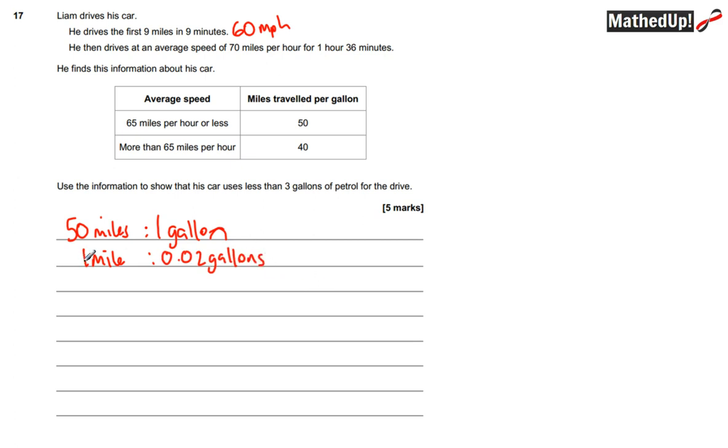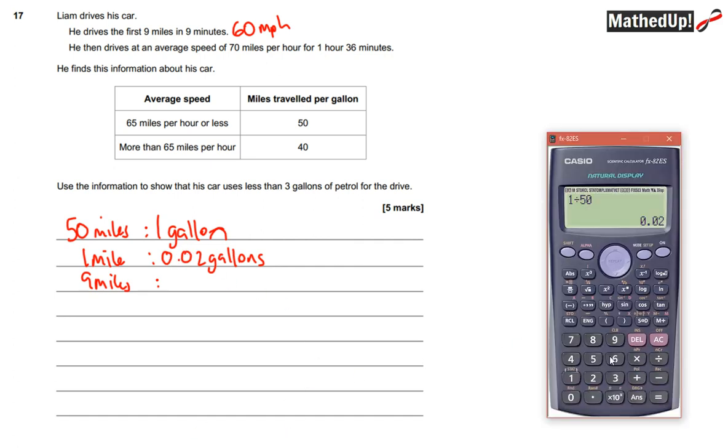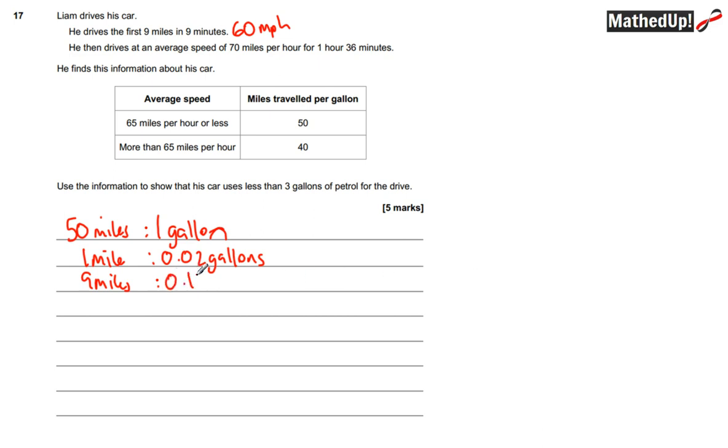Okay, so 1 mile is 0.02 gallons, so for 9 miles I'd need to multiply that by 9, so it's going to be 0.02 multiplied by 9. And that gives us 0.18 gallons. Okay, so that's what it's going to be for the first part of his journey.